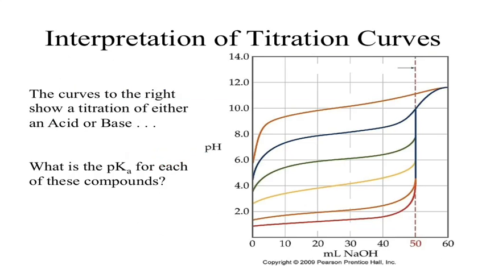If we take a look at some titration curves, these are the easier ones to evaluate because we see these more typically. What did we start with? How do you know we started with a weak acid? The pH is low. Okay, how else do you know? What do we add to it? A base.